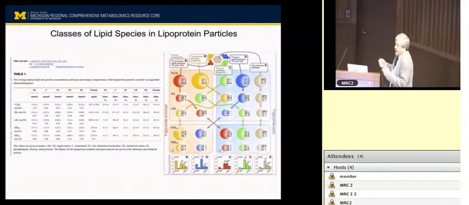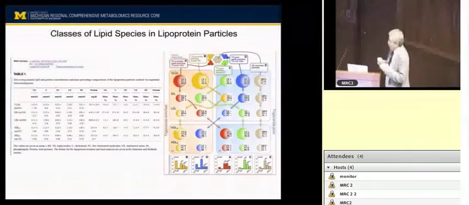So at times you may want to separate the lipoproteins out to see if you're having more accumulation of different phospholipids or other lipid species in one lipoprotein particle than the other. This can also give you some idea of how things are going from one place to the other.